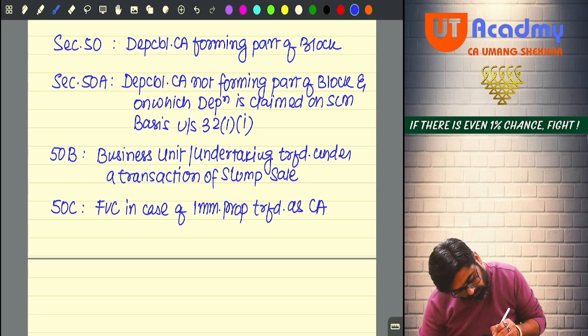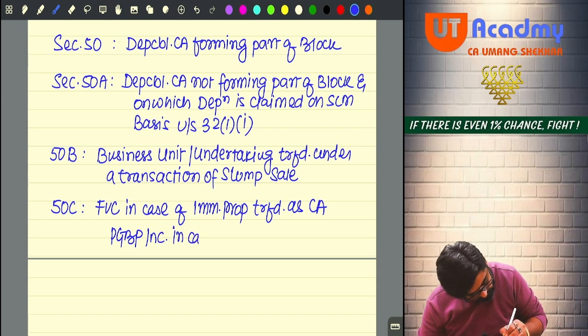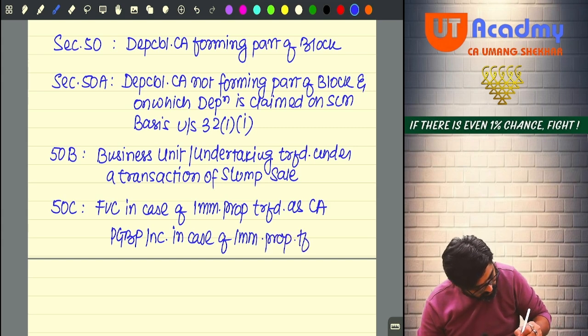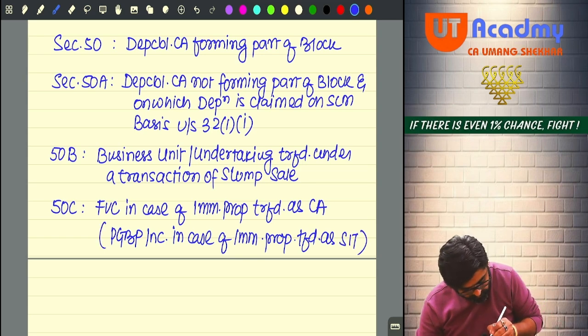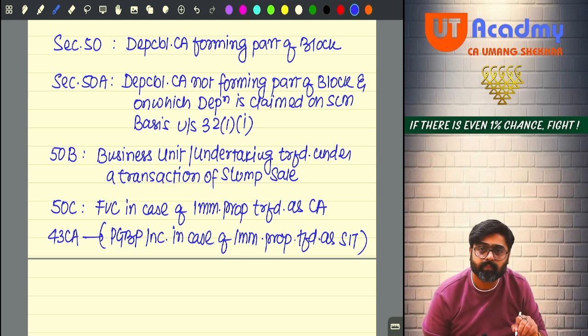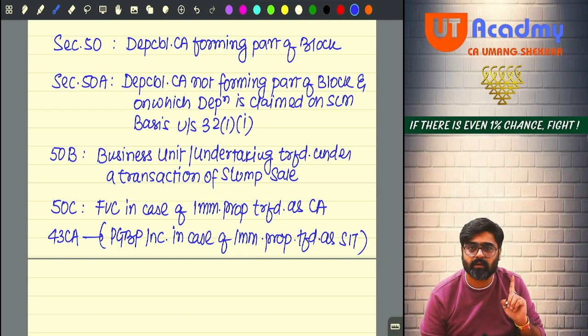What will be the PGBP income in case of immovable property transferred as stock in trade? That also we have seen here along with this 43CA, if you remember. Sure, no? Here also a specific asset.